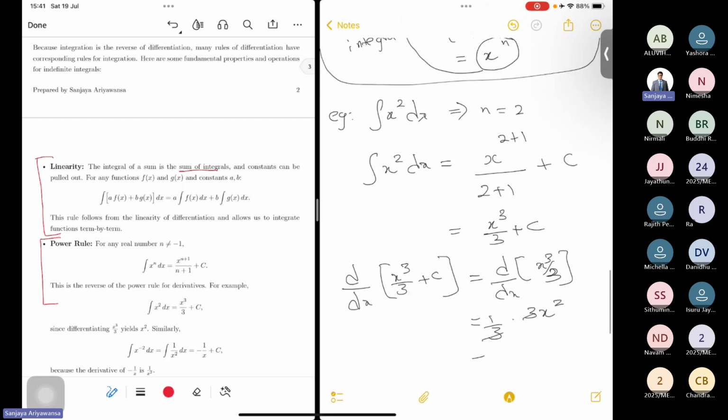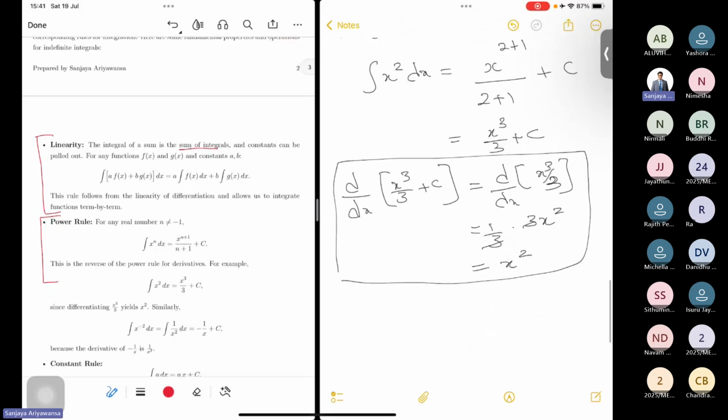Then 3 cancels out, I get x squared. Now I know what I have done before is correct, and that's very important. Right. Then that's example number 1.